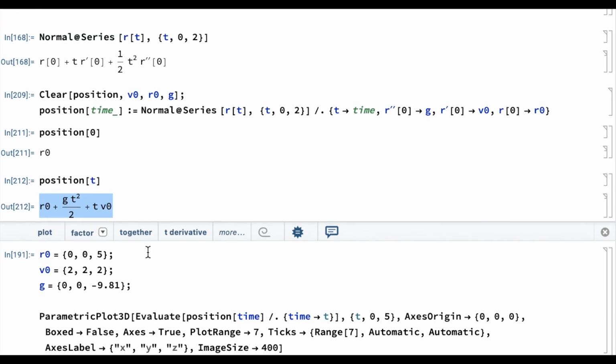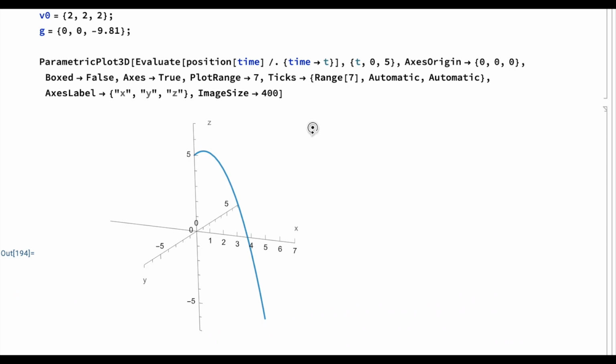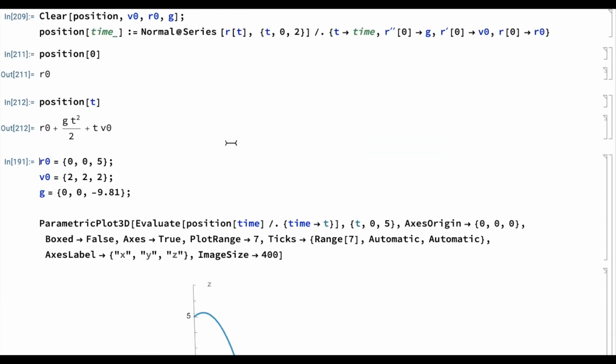Now we do something super interesting: we make g a downwards vector along the z-axis of minus 9.81, and we go ahead and plot it. Let me see if it works.